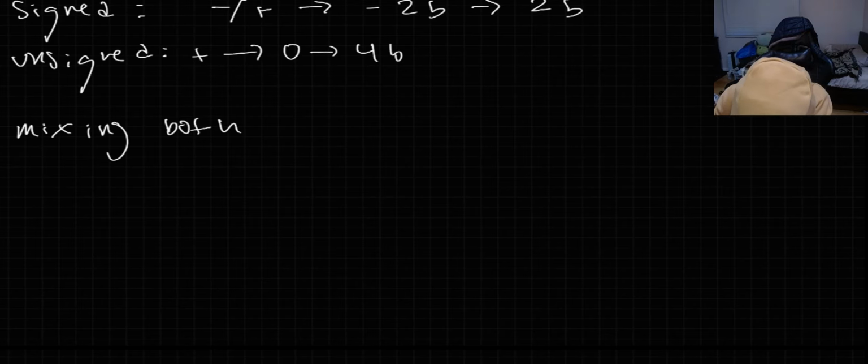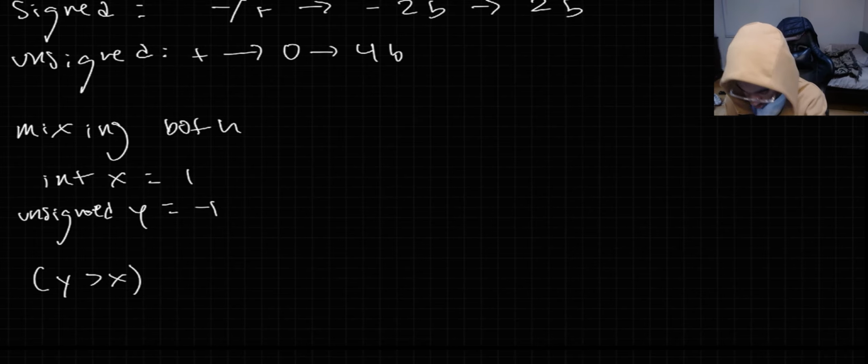When they're both in an expression, so let's say you have int x equals 1, and then you have unsigned y equals -1, and then you want to do a comparison. What's the comparison? Is y greater than x?